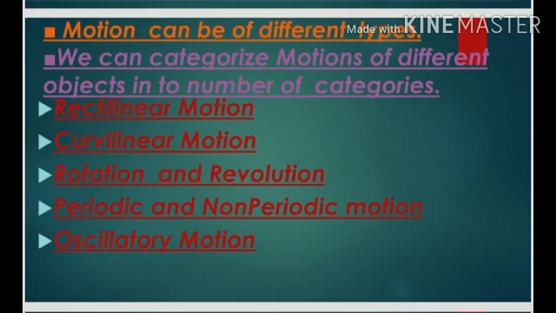Number 1, rectilinear motion. Number 2, curvilinear motion. Number 3, rotation and revolution. Number 4, periodic and non-periodic motion. And number 5, oscillatory motion. To grasp the detailed meaning of these types of motion, let's discuss them one by one.